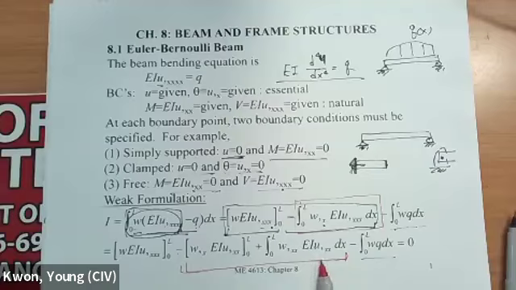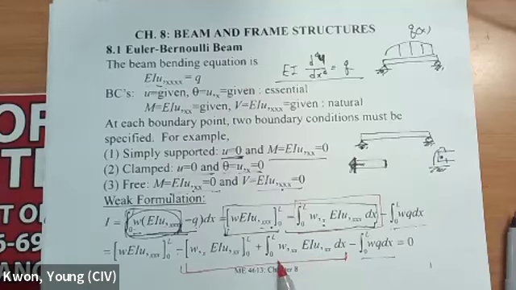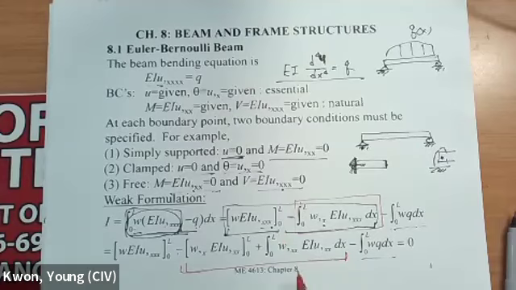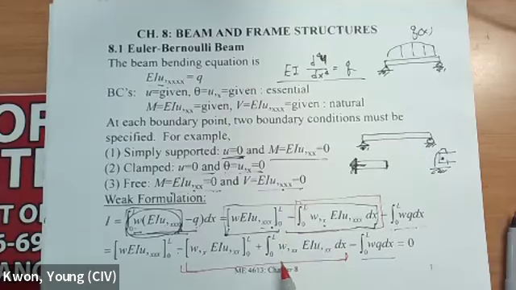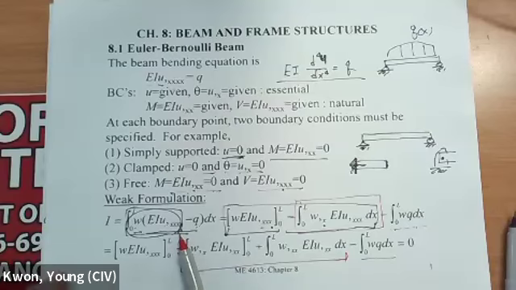So you stop here because you have exactly equal derivatives for the test and trial functions. In summary, we apply integration by parts twice, so that now it is second and second. That's it. Any questions?